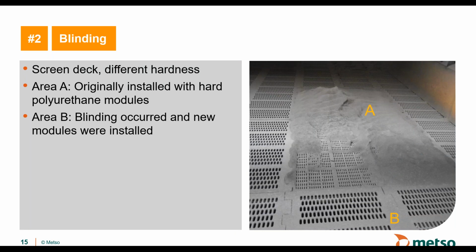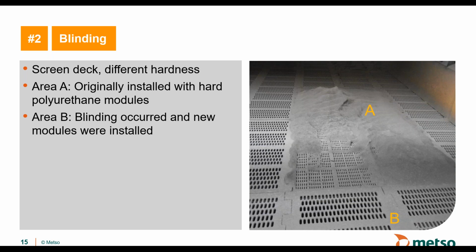This is a screen deck that was originally fitted with modules in location A that are quite hard polyurethane modules. When the screen began operation, they were installed, and you can see the blinding building up on the surface here.